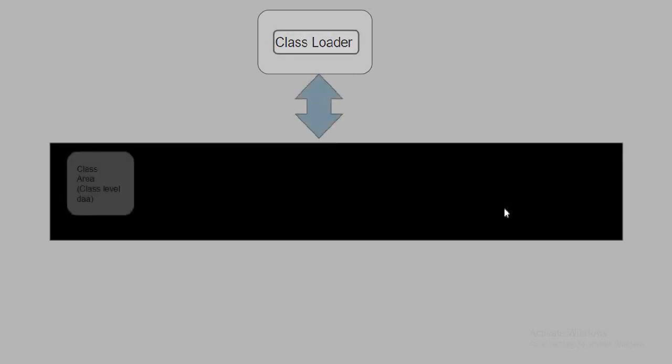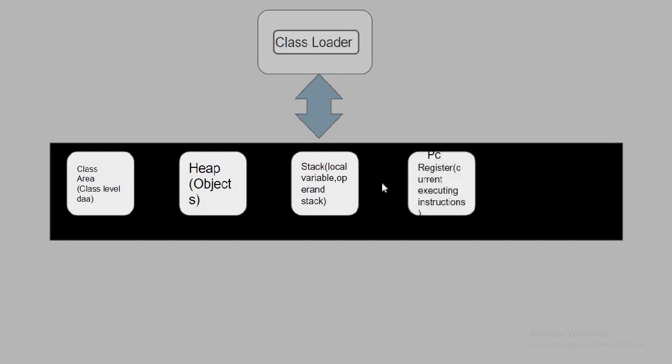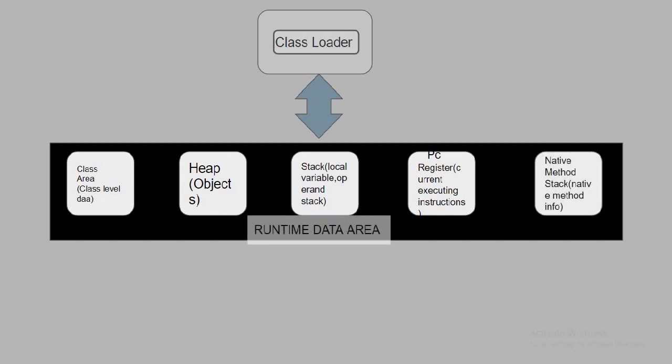Coming to the runtime data area, we have five parts. The method area contains class level data, and the heap area contains objects, data, and instance variables. The stack area contains local variable information and the operand stack. The PC register contains the current execution instruction, and the native method stack contains native method information.